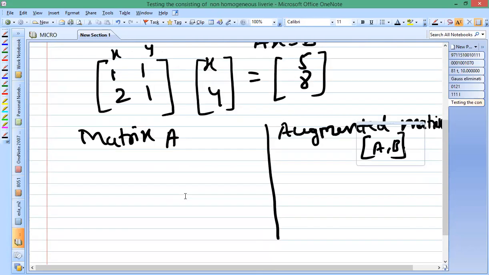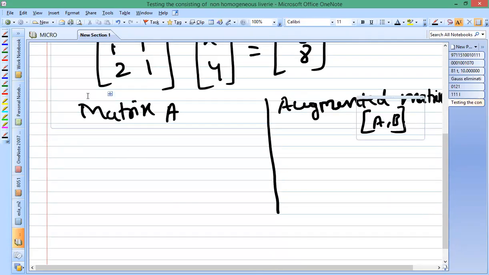After writing those matrices, we'll find the rank of matrix A as well as the rank of matrix A comma B by applying the row reduced form or row echelon method. Once you solve and get the answer, you should see that the rank of both matrices remains the same. If they are unequal, it will be inconsistent.